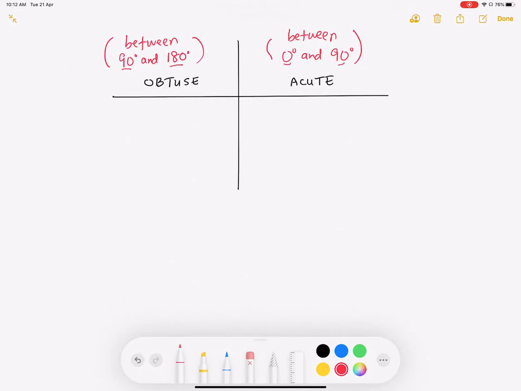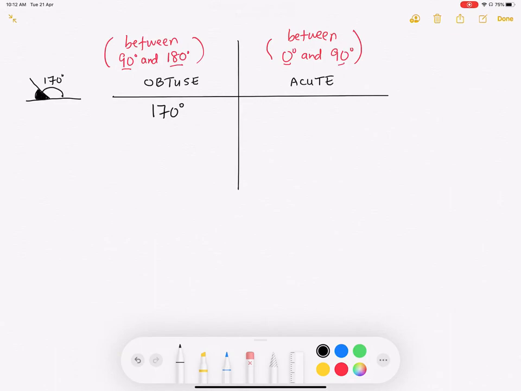So let's start with an example. So an example of obtuse, to find something between 90 and 180 degrees, I will take an example of 170 degrees. So if I want to find an acute angle that is related to 170, if you view this as an obtuse angle 170, there is a corresponding acute angle here that I can find.